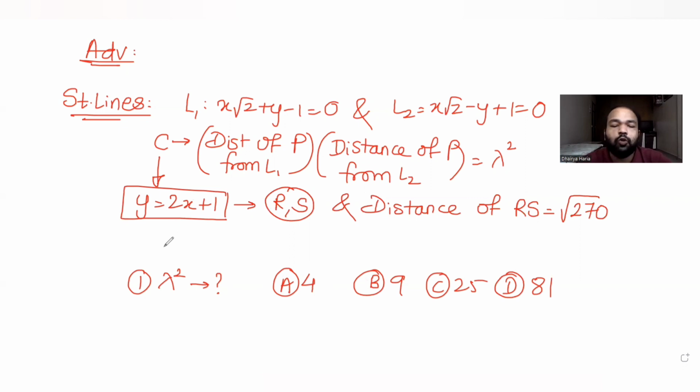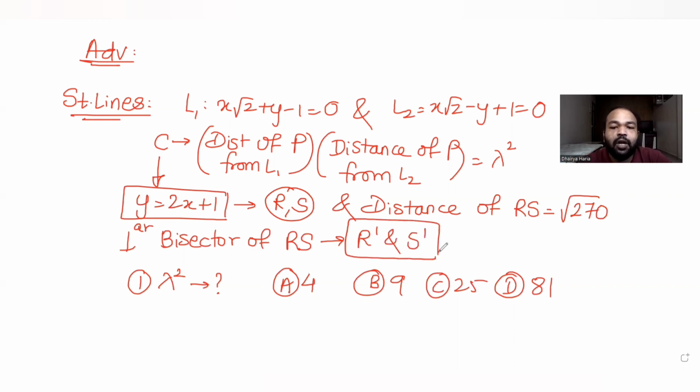Further, we have also been told that the perpendicular bisector of RS, whichever is the perpendicular bisector I draw for RS, meets the curve C again at two distinct points, R dash and S dash. And we have also been told that the square of the distance between R dash and S dash is equal to D. So D is given to us as the distance between the two points R dash and S dash.